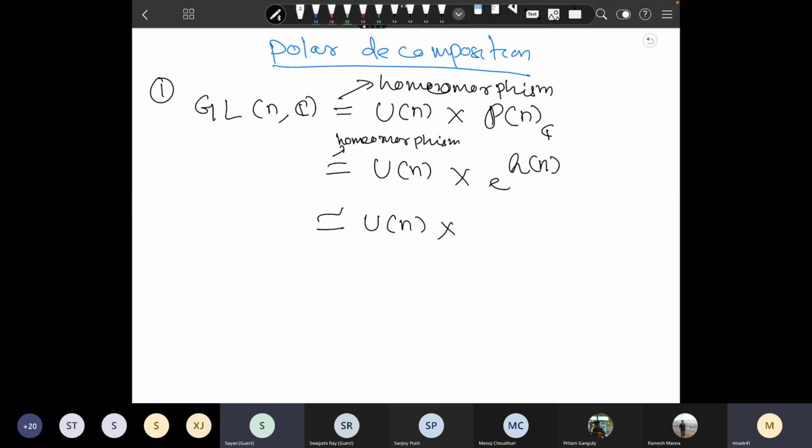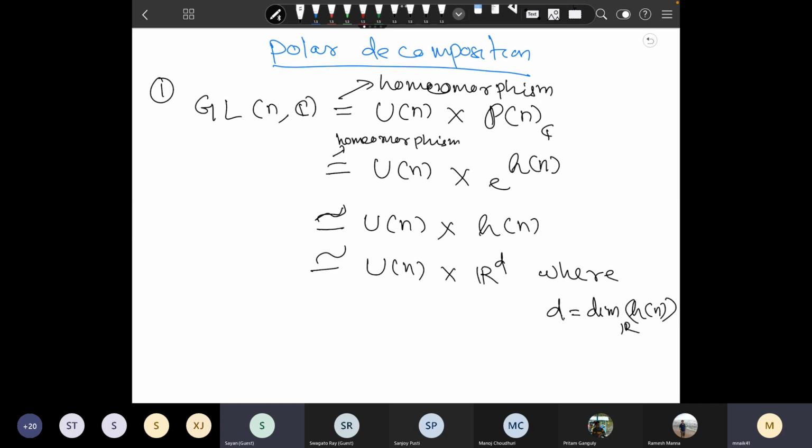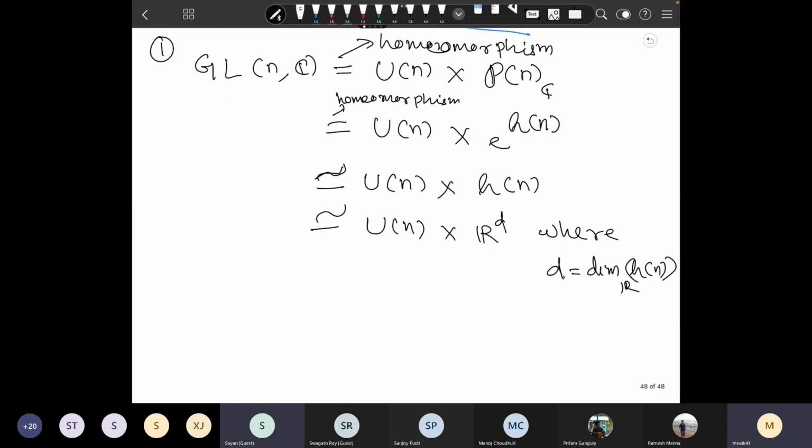Since the exponential from H n to P n C is a homeomorphism, this is topologically equivalent to U n cross H n, and this is U n cross some R to the power d, where d is equal to the dimension of H n over R. So what does this mean? This means, since U n is path connected, this implies GL n C is path connected. This is clear.